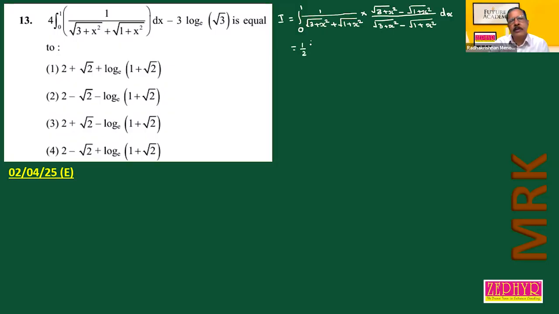Integral 0 to 1 root 3 plus x squared minus integral 0 to 1 root 1 plus x squared dx.